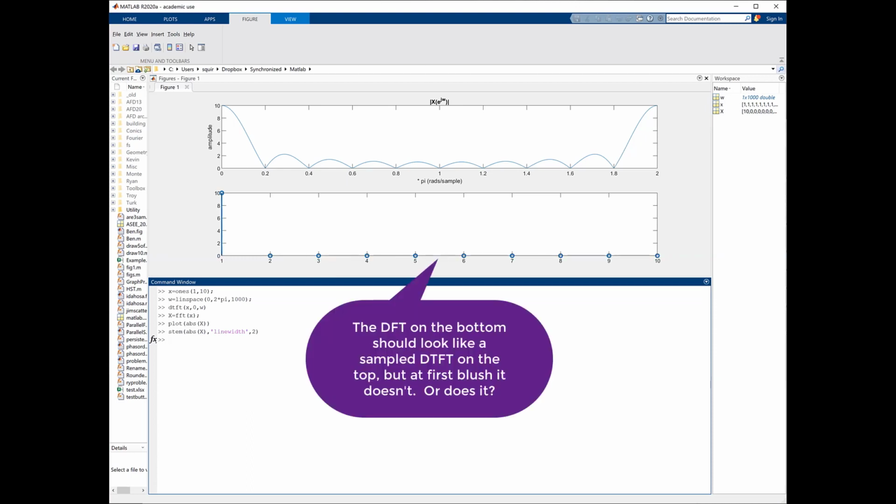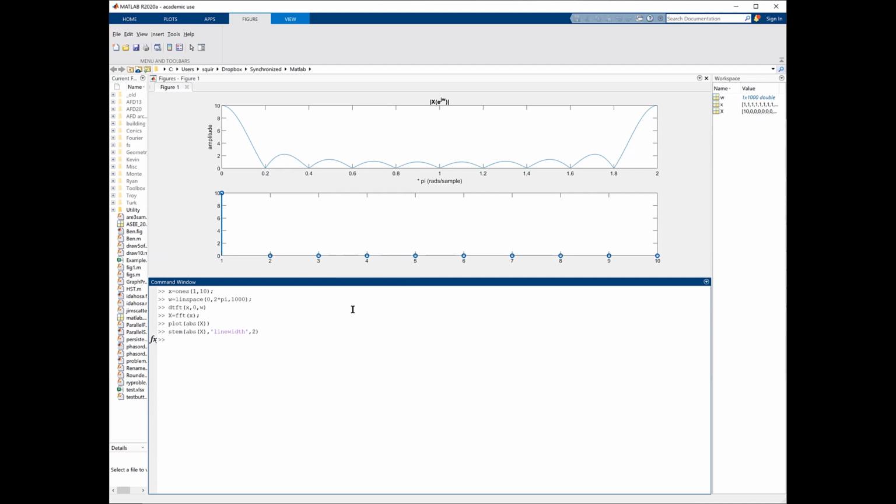Uh-oh. This doesn't look anything like that, does it? Or does it? So actually it is. What's going on here is that, remember, it goes to just under 2 pi. So these things aren't supposed to align correctly. If there was one more data sample over here, it would align. Instead, it is 10 evenly taken data samples from up here. And watch this.